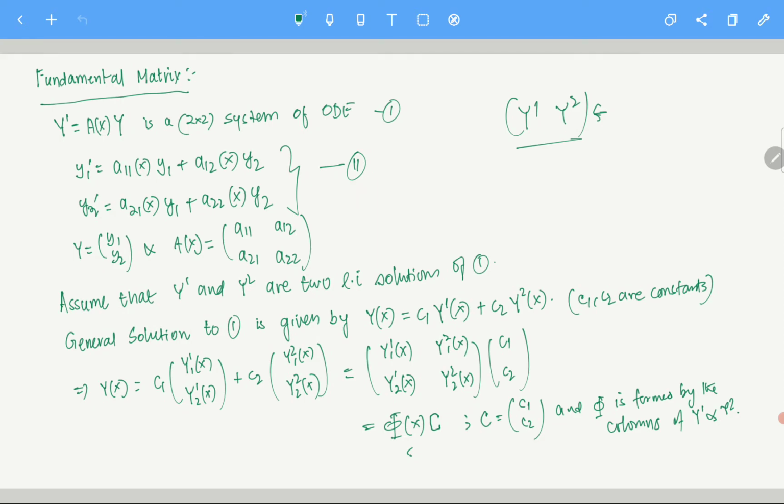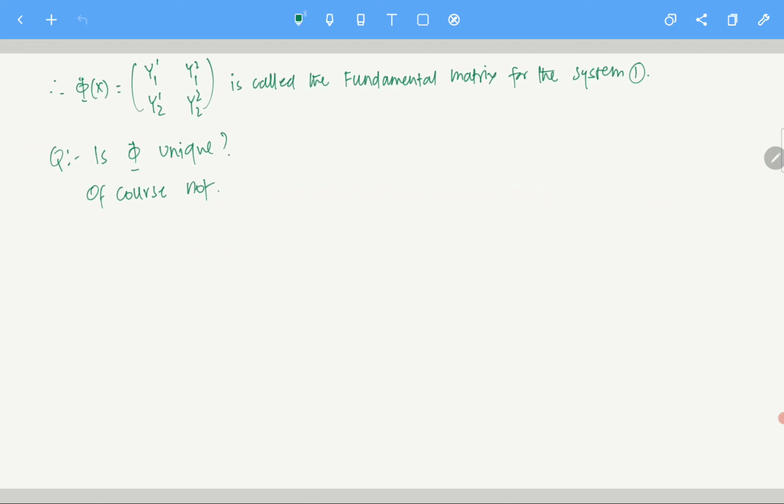Now, what do I do? Let's assume that I want to write this in a much better form, a special form. Given the equation y prime equals capital A times y, whenever I write capital A, it is assumed that A is a function of x.